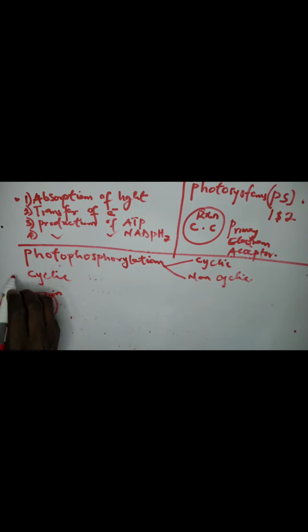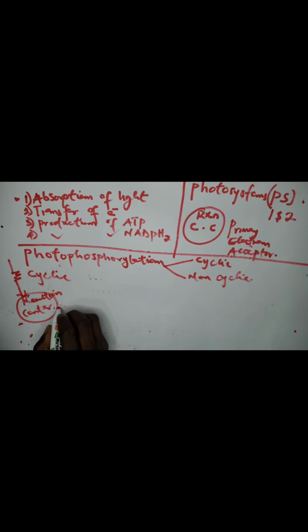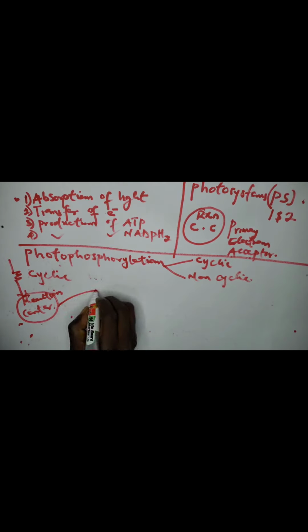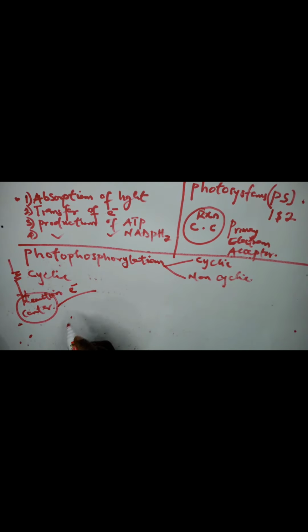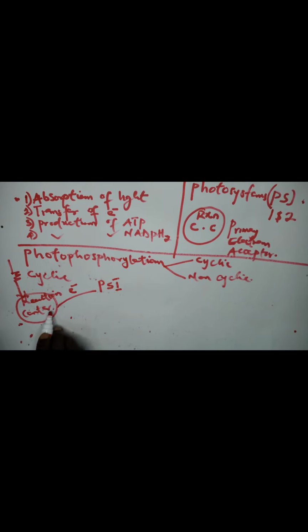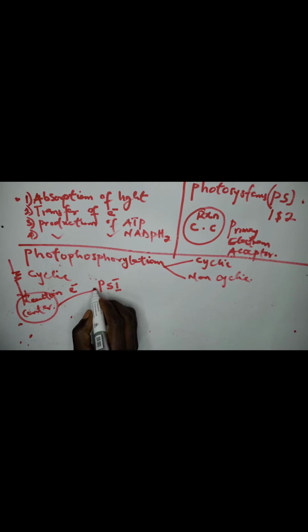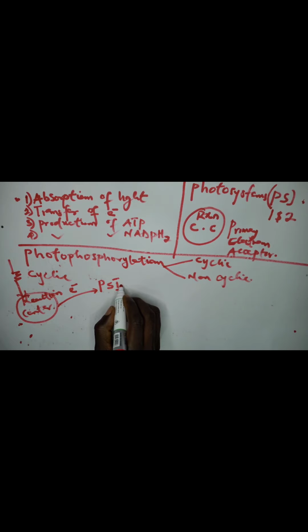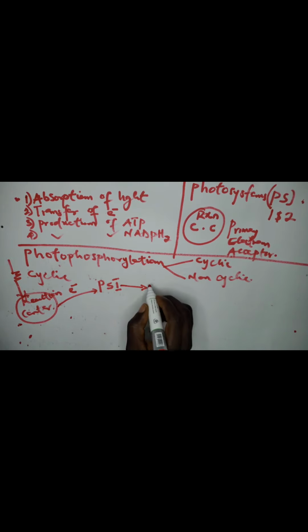Immediately light strikes this reaction center, electrons will be energized and they will be passed to photosystem 1 this time around. We call it PS1. Once the light strikes the reaction center, the electrons are energized and excited. They leave their ground state and are passed to PS1, photosystem 1. Then from photosystem 1, they are passed down to the primary electron acceptor.